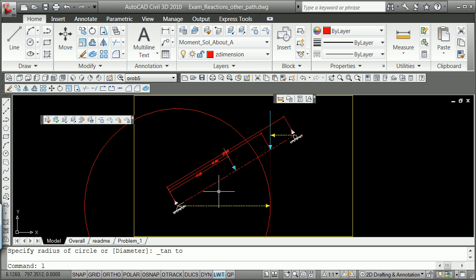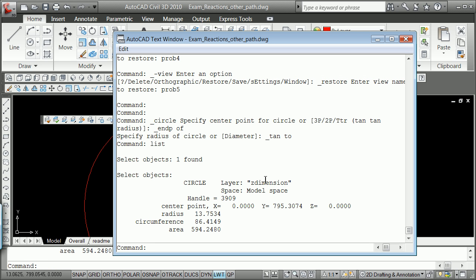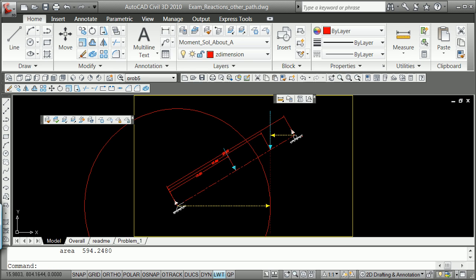So if I list that one, that has a radius of 13.75. That's the length basically of that. 13.75 times the full force divided by the 20 between gets you the reaction at this support.